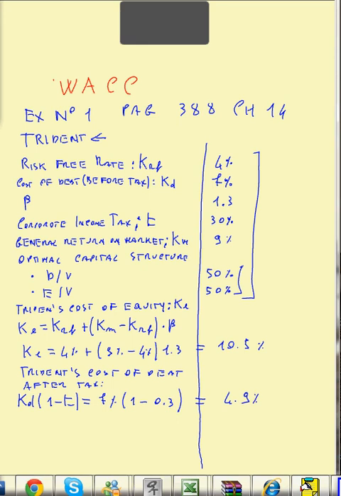Now we can compute Trident's weighted average cost of capital.